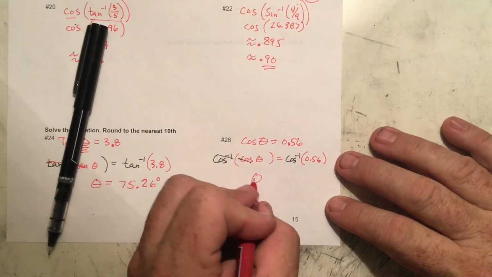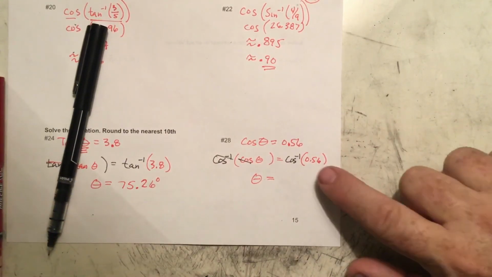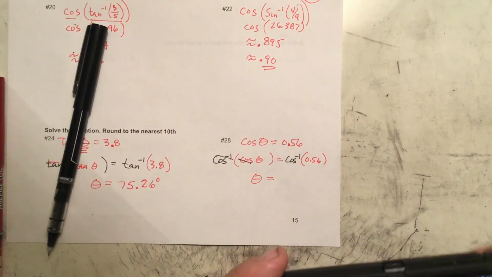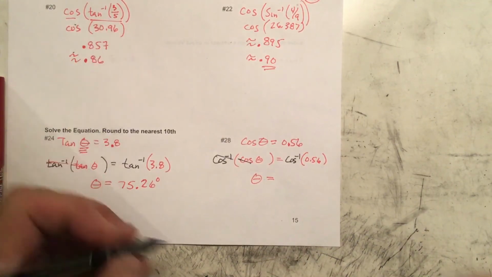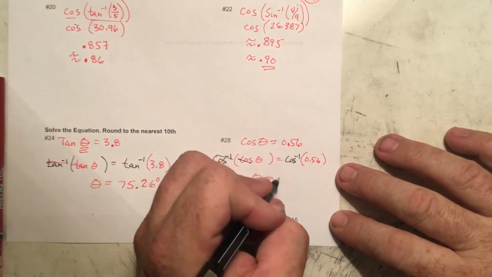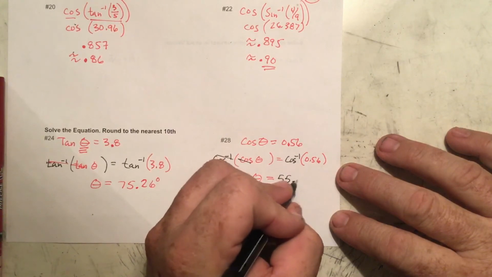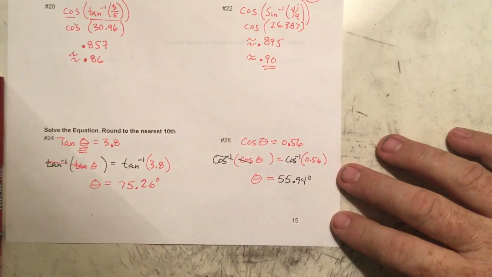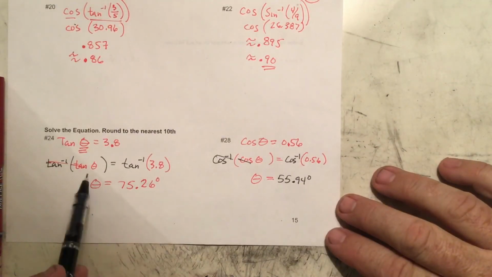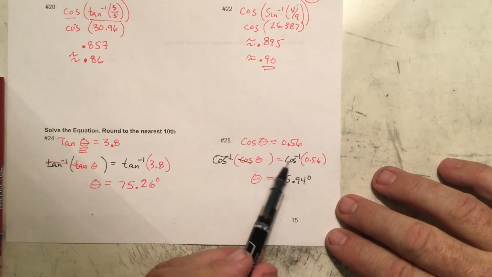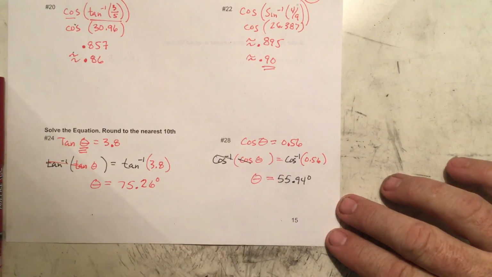I'm left with theta. And then again, I use a calculator for this. So we're going to do 0.56 inverse cosine, 55.94. So approximately 55.94 degrees. So it's just the setup, guys. And then all we have to do from there is just use our calculator.